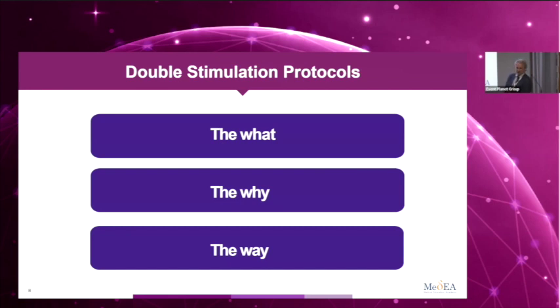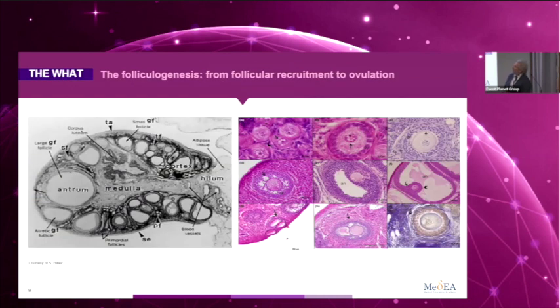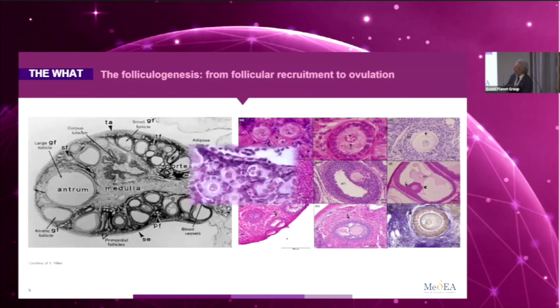So let's start from the first point. Why should we hypothesize? This is something that we have to have clear in our mind: at any given moment, there are follicles in the ovary at different stages of maturation. It seems to be obvious, but this is the starting point we have to keep in mind.